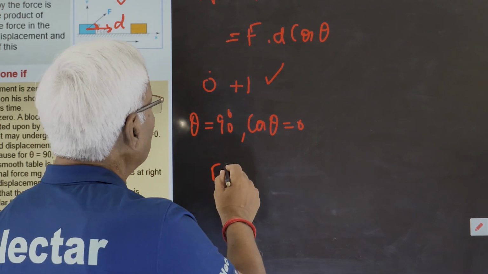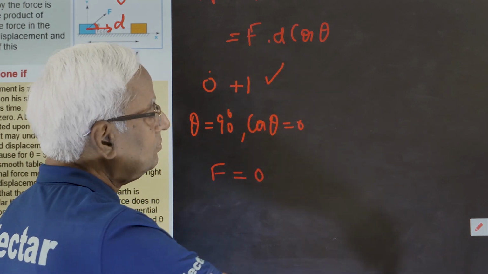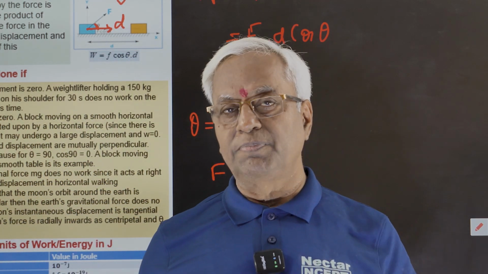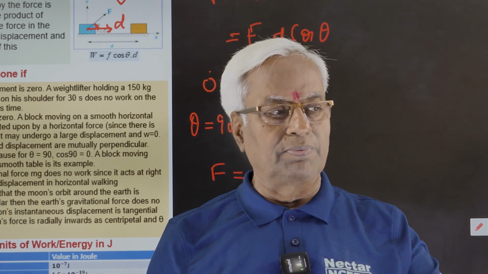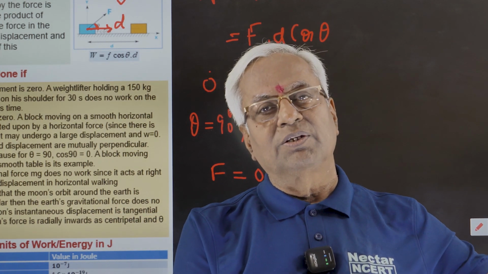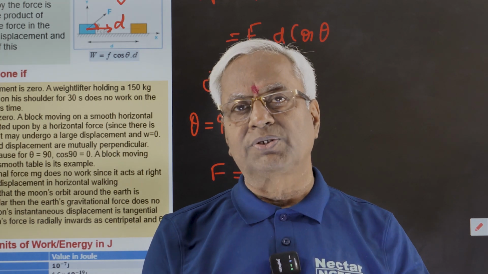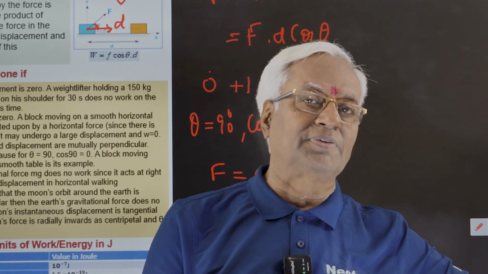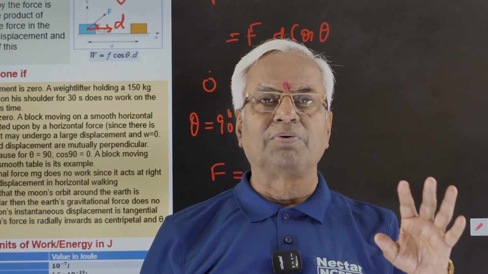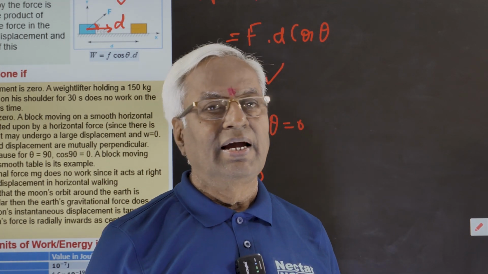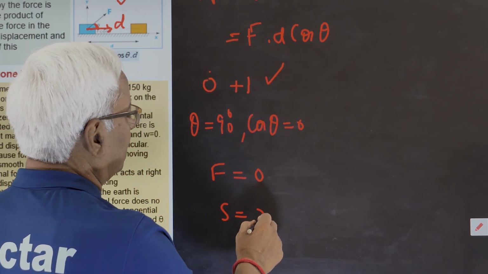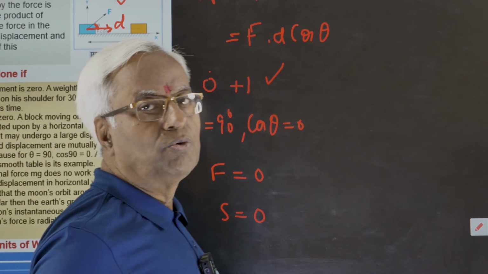Then when force is 0, it means there is displacement but no force. For example, you choose a smooth surface, the body is moving and the surface is smooth, there is no friction. For constant speed there, though the displacement is regularly taking place, no work will be done. And then if the force is regularly there, but displacement is not there, then also no work is done.